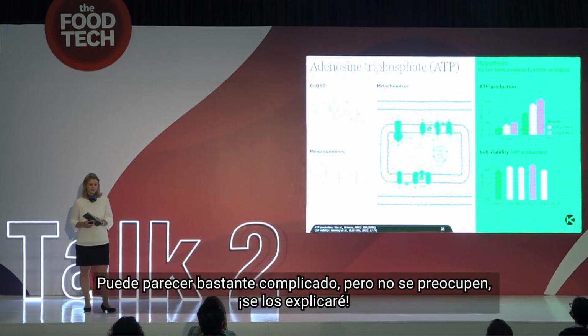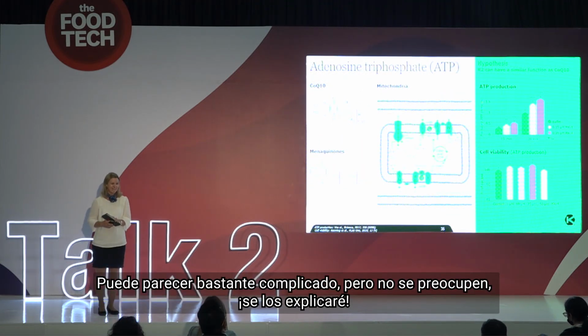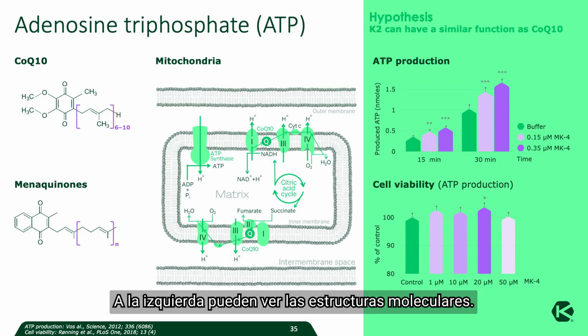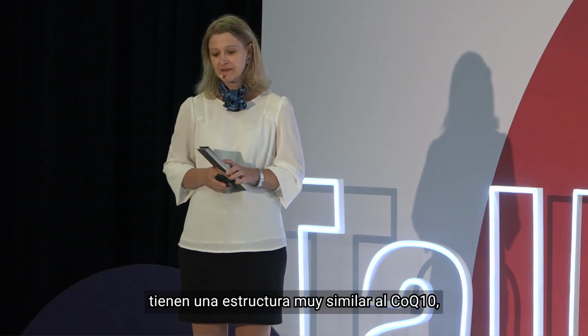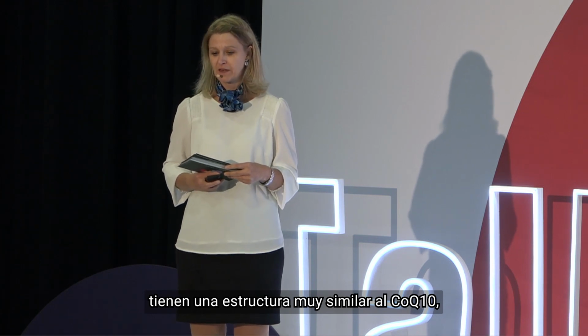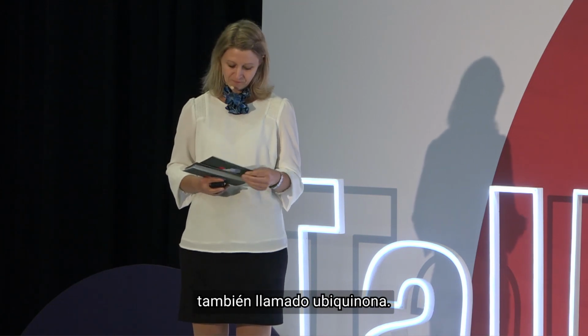It may look very difficult, but no worries, I will talk you through this. So what you see are these molecular structures to the left. Menaquinones, that's just another word for vitamin K2. And menaquinones are in structure very similar to CoQ10, also called ubiquinone.